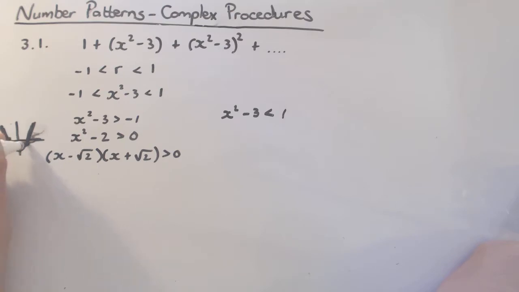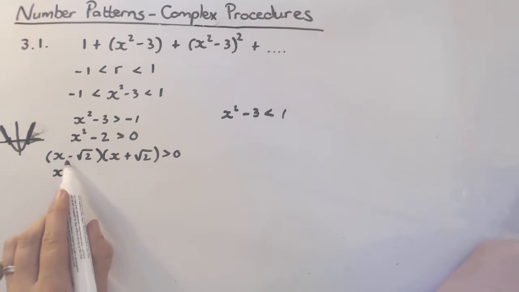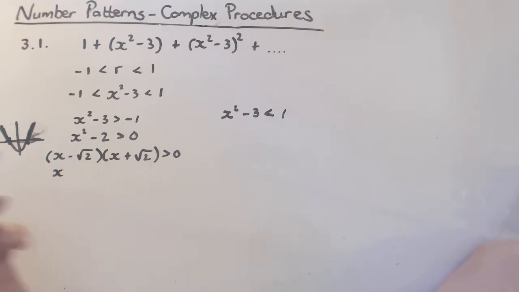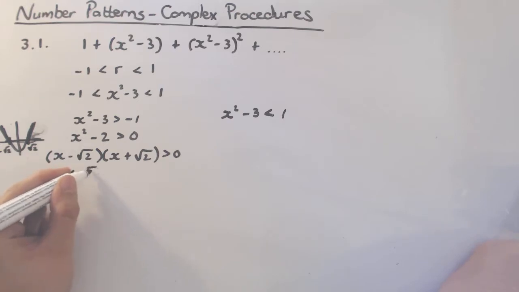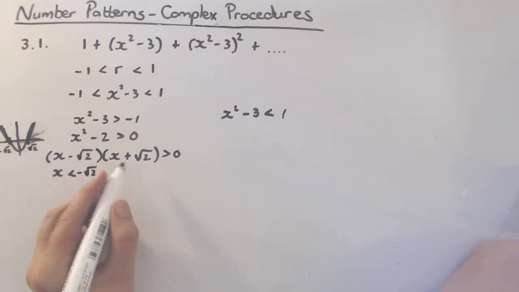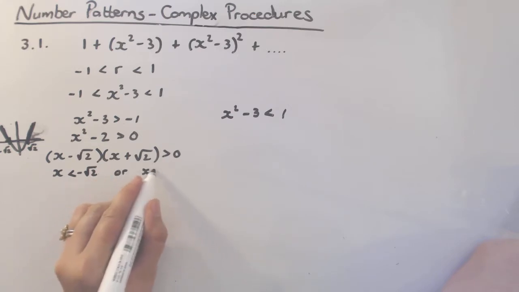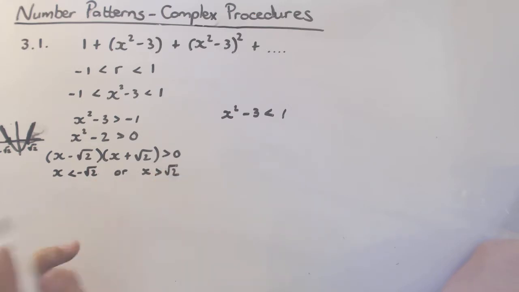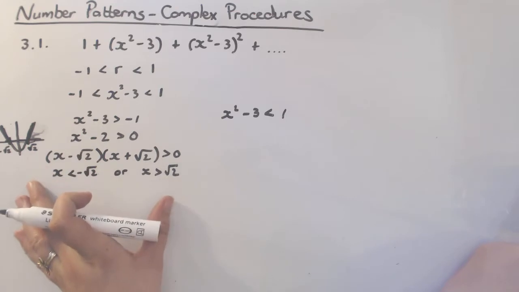These two values are root 2 and negative root 2. So this is negative root 2. This is root 2, can you see? So that bit will be where x is smaller than negative root 2. And this bit will be where x is bigger than root 2. Okay, so I've got that from this.